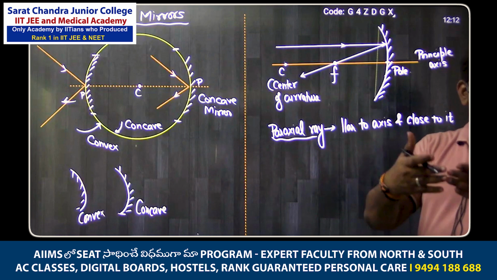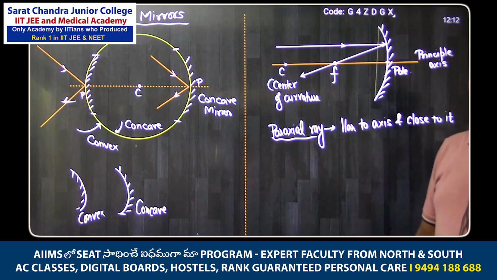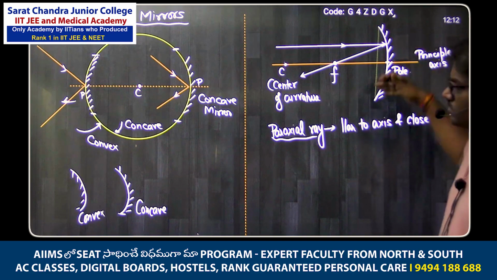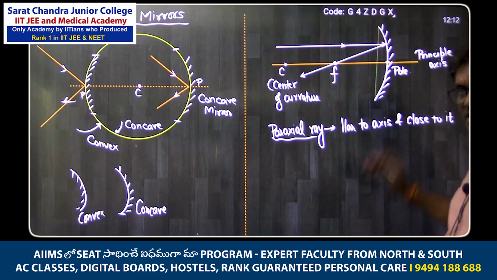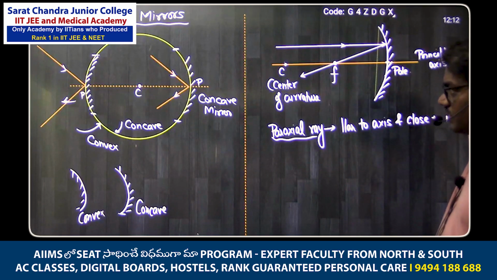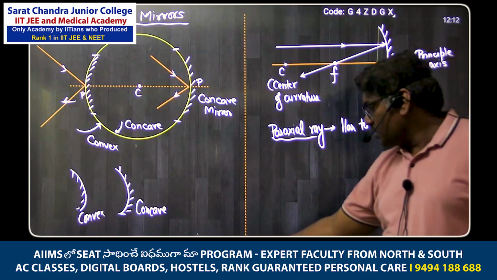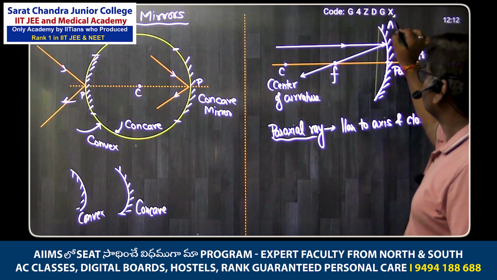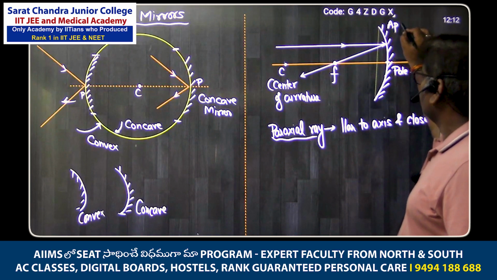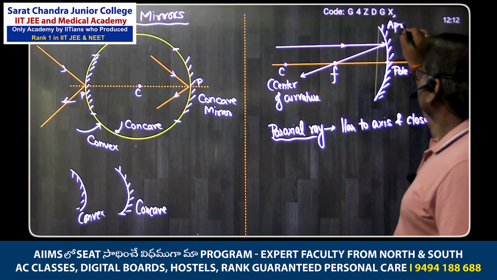Because more reflections take place, the image will be brighter. So this distance is called the aperture, how large the mirror is.